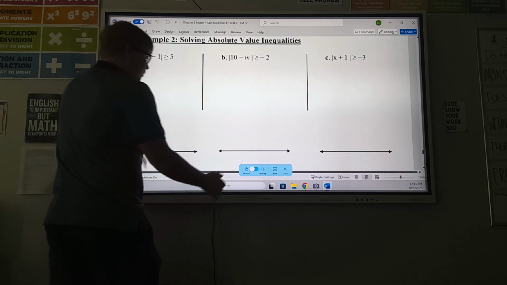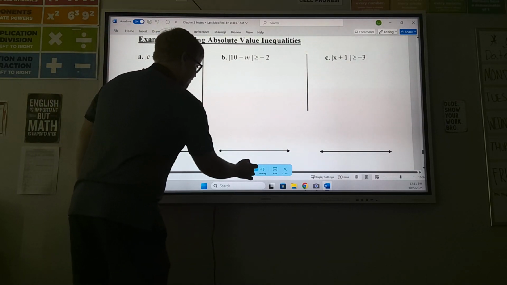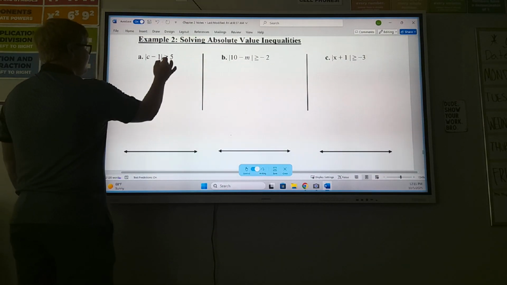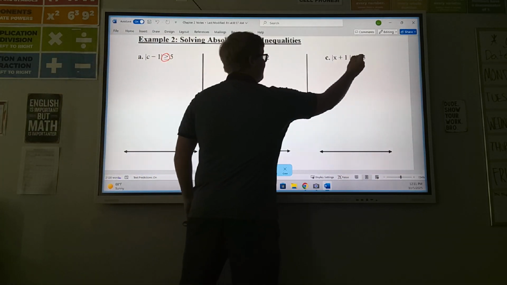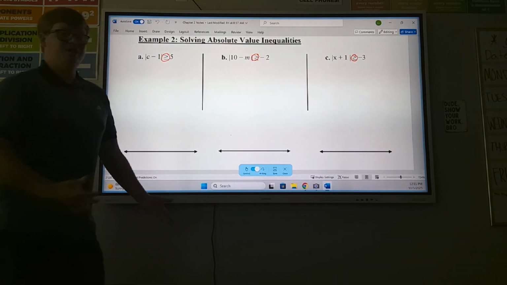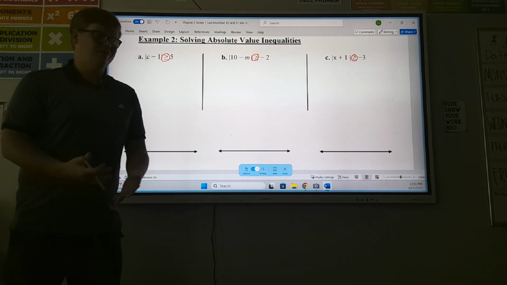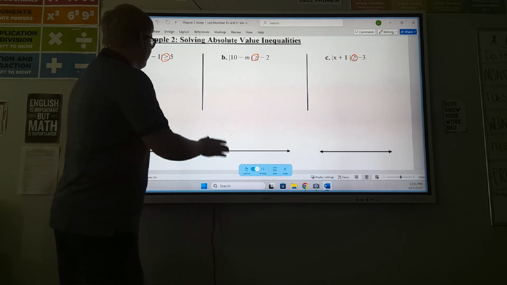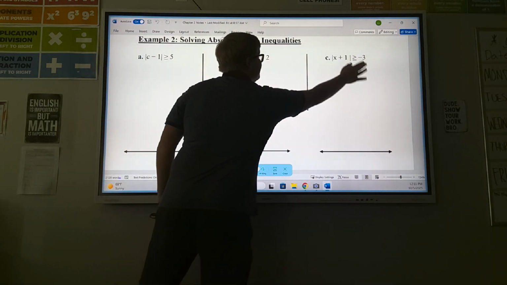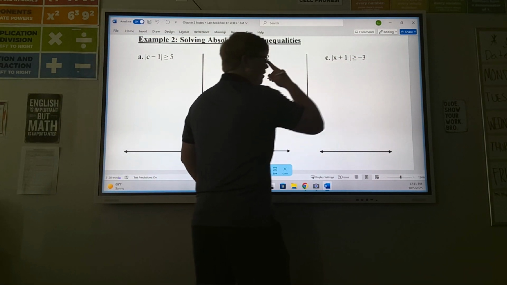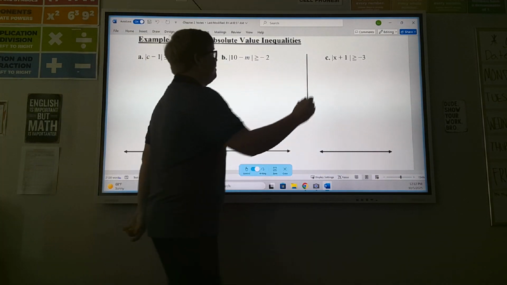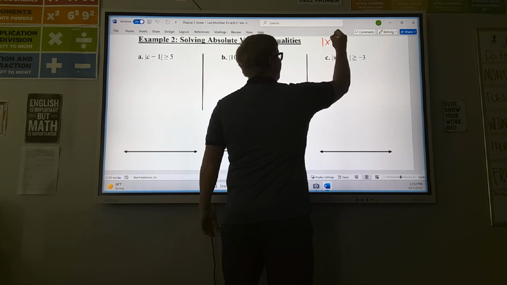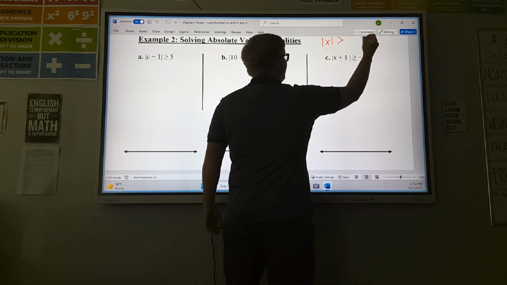Okay, the only thing that's different here is if you notice, our signs are different, which can only mean that our compound inequality is different. Again, let's think about it. When we have an absolute value that's greater, in this case, it is an or.